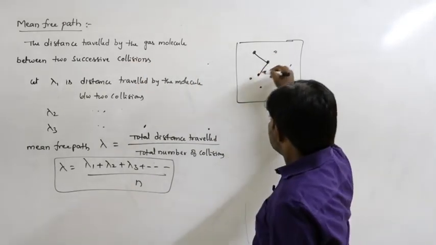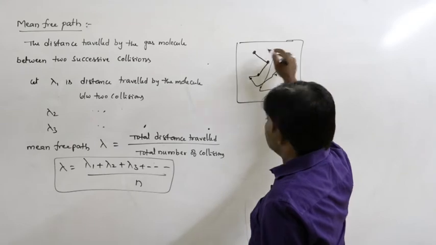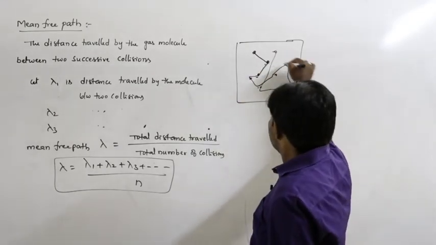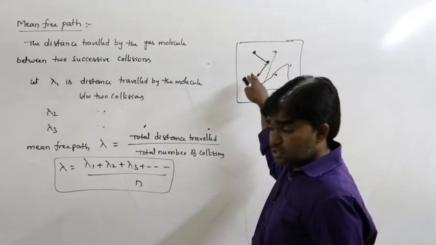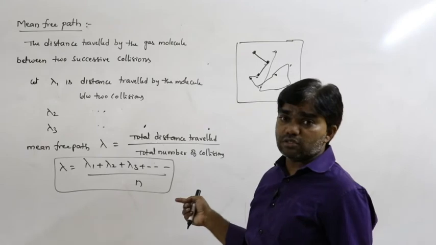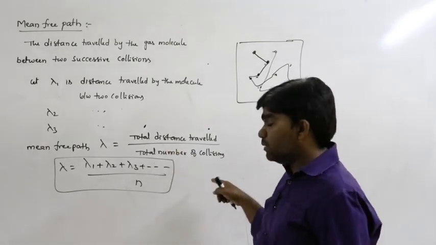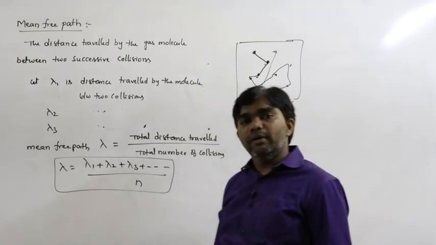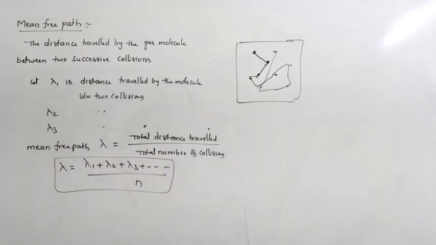Or if the same molecule collides with different molecules and travels a total distance, the total distance travelled divided by the total number of collisions is also considered as mean free path.